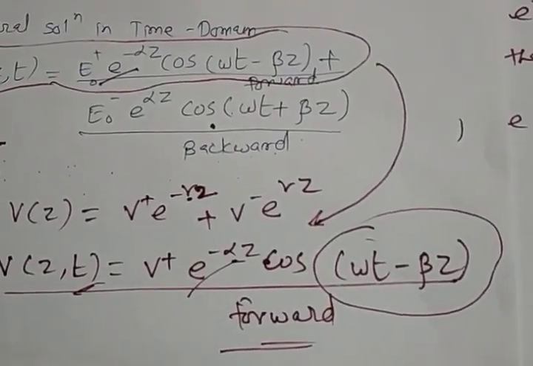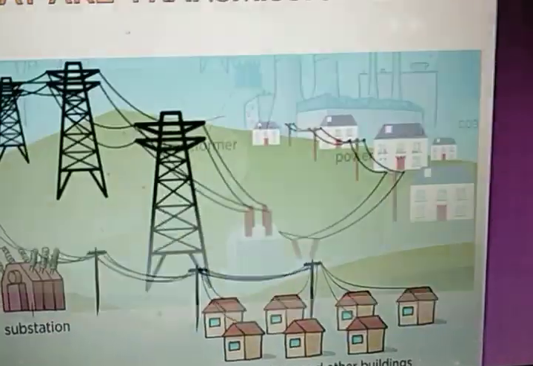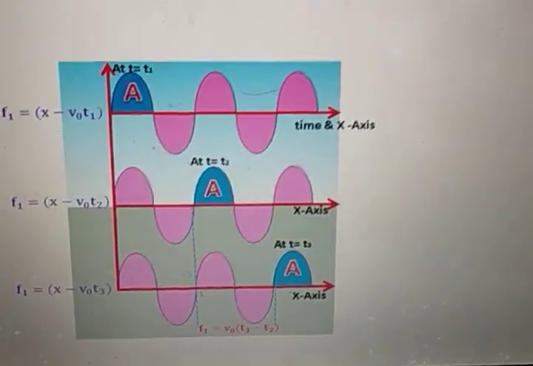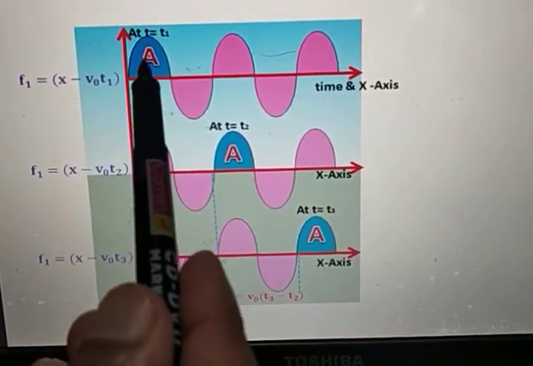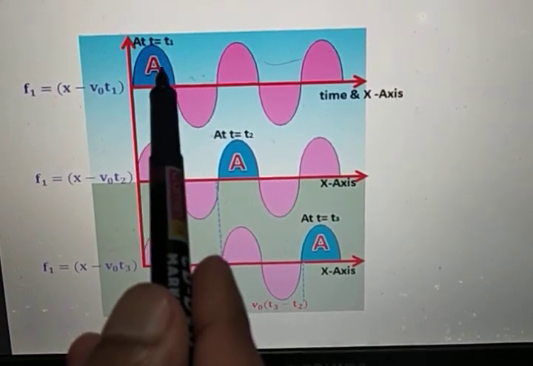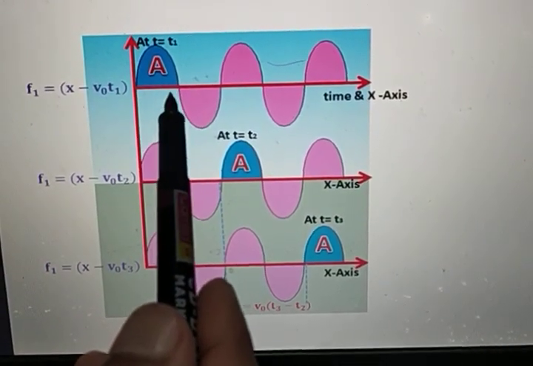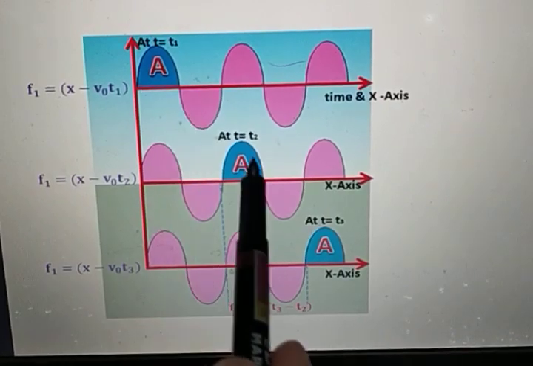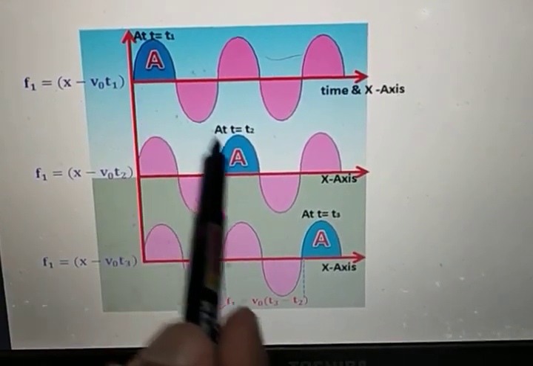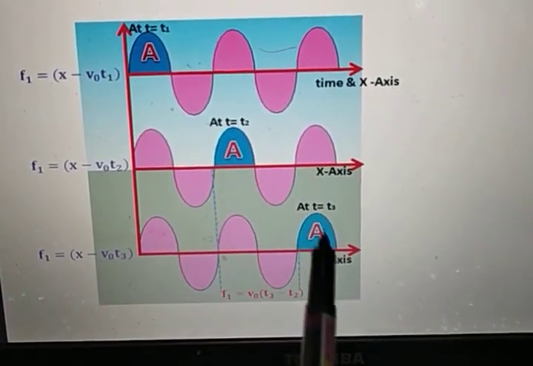So what does that really mean? Say we have a moving forward wave, and we are changing the time. So this particular flow is for the forward wave, omega t minus beta z.